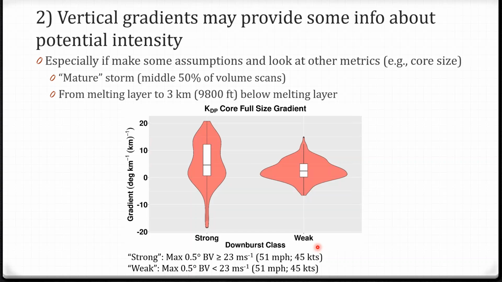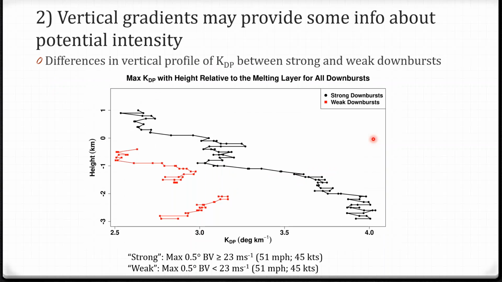And if we look at the change in the size of the core in the vertical, we once again see a little less overlap and a little more likelihood that a larger change in the size of the KDP core with height could be associated with a stronger downburst rather than a weaker one.